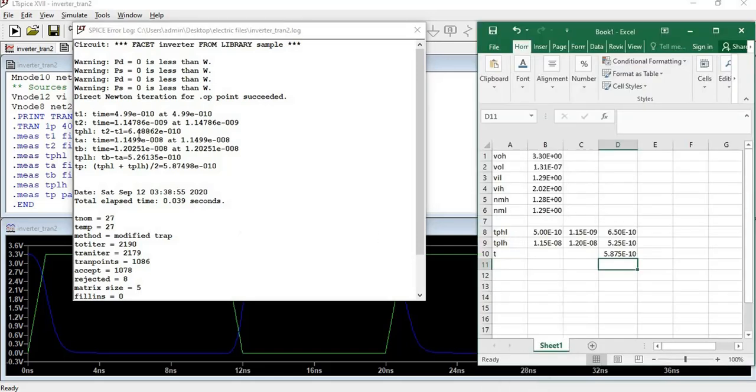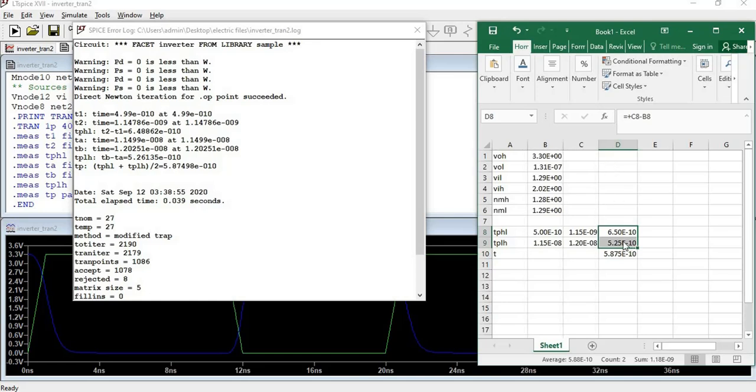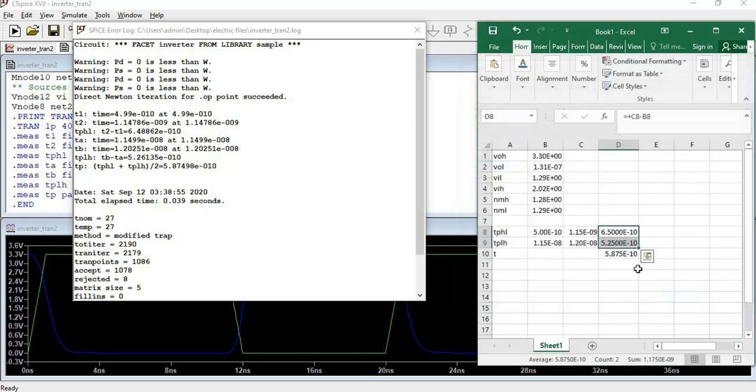So TPHL is 6.488 e to the negative 10. So 6.488, this is 6.5. Let us try to increase the decimal place.